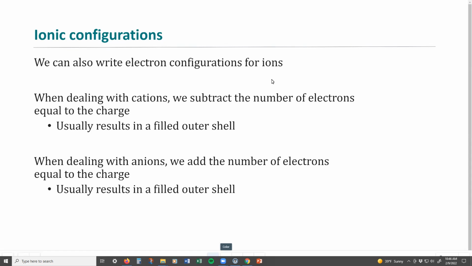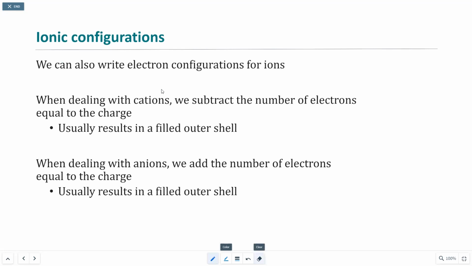Take, for example, cations. When we have cations, that is positively charged ions, we are going to subtract a number of electrons equal to the overall charge. So if I have something with 20 electrons and it ends up being a +2 charge, we would take 2 of those electrons away and it would end up having 18 electrons.